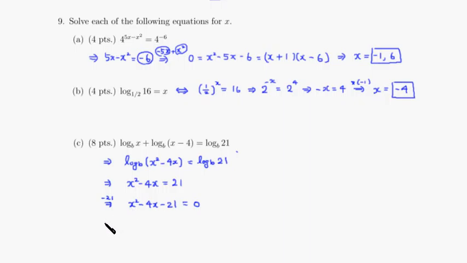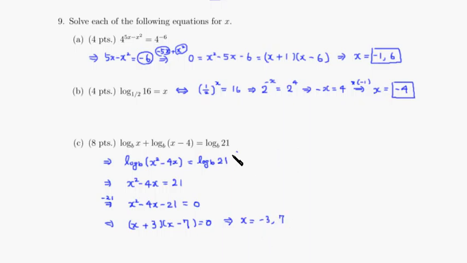Then we can factor it out. It's probably 3 and 7, since we have to make 21, and 7 would have a negative sign and 3 would have a positive sign. So this will give us two x values: x equals -3 and 7.